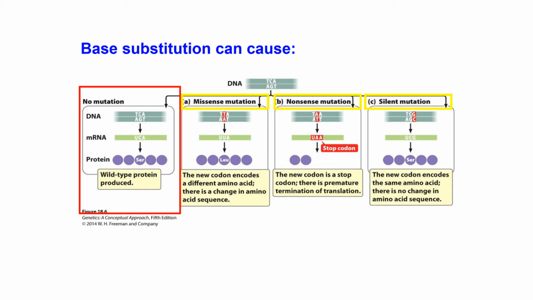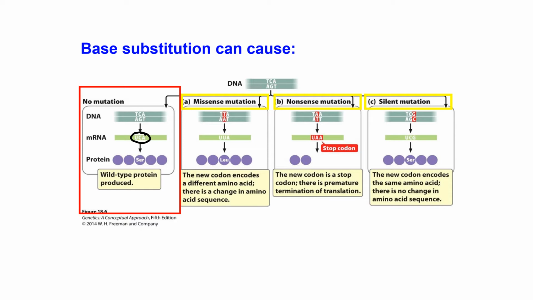Here is one example. You have here an mRNA codon, which is UCA. Now this codon encodes serine. So in the wild type polypeptide there is serine.